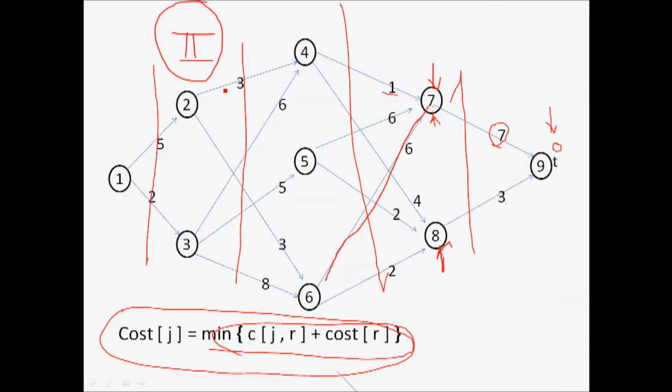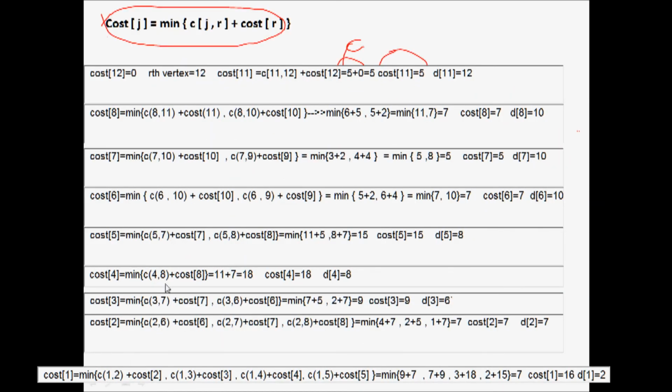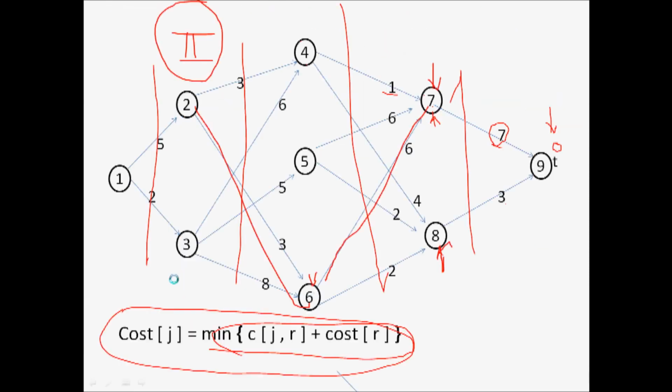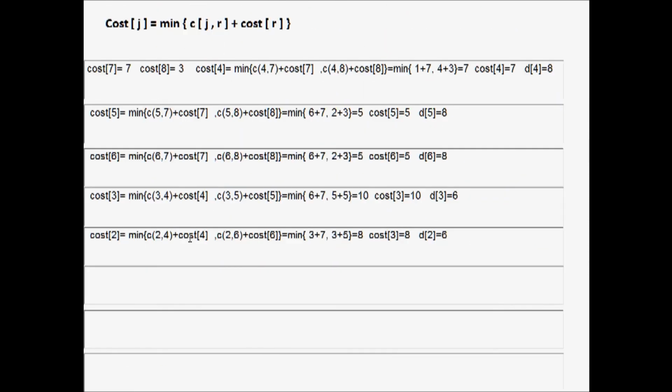Similarly, the cost of 2 can be calculated by finding the minimum between C of 2,4 plus cost of 4 or C of 2,6 plus cost of 6, and the shortest distance is reached through D of 2 is equal to 6. We have added it into the matrix.